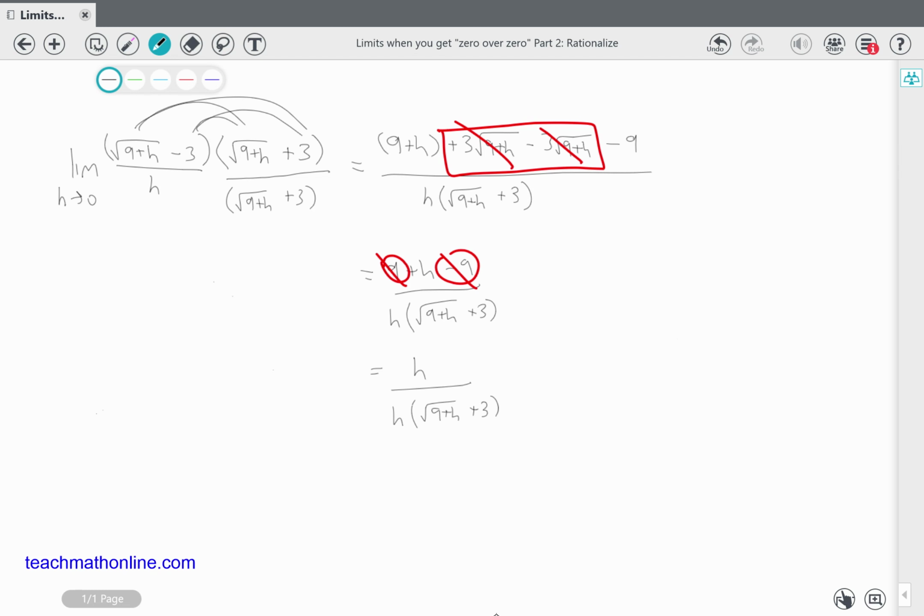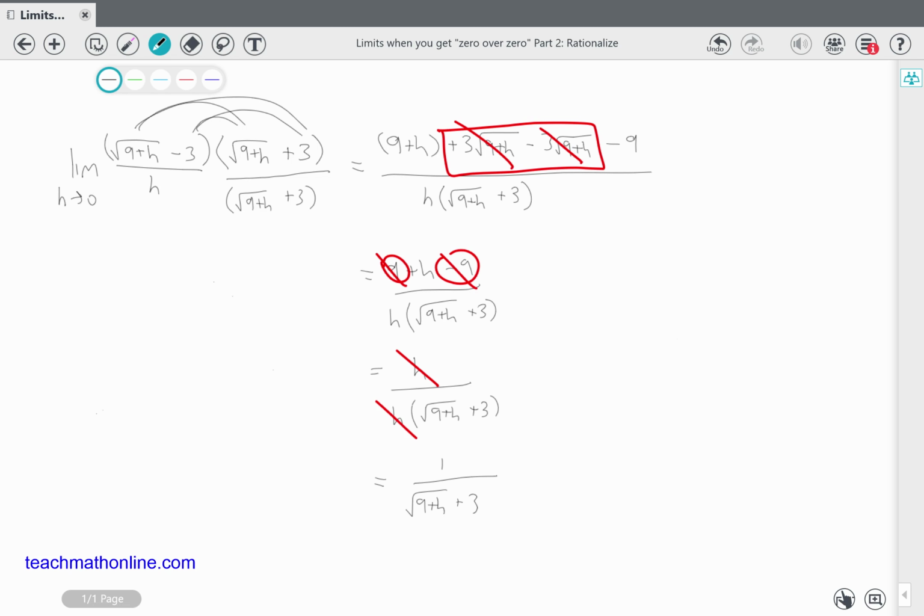And finally, we can cancel out these h's because they're common on top and bottom. And now what we have is 1 over the square root of 9 plus h plus 3.